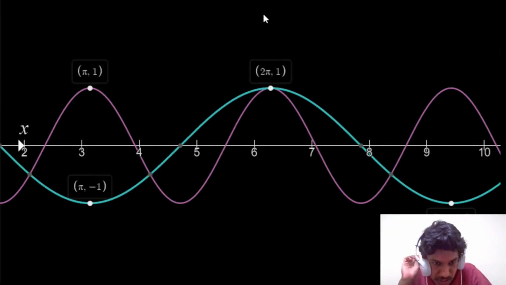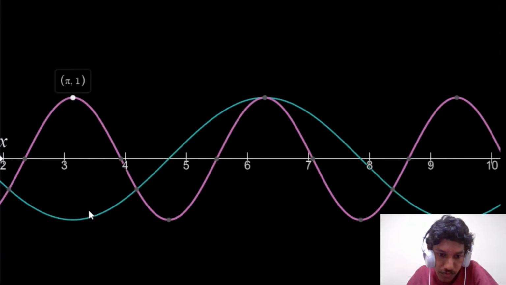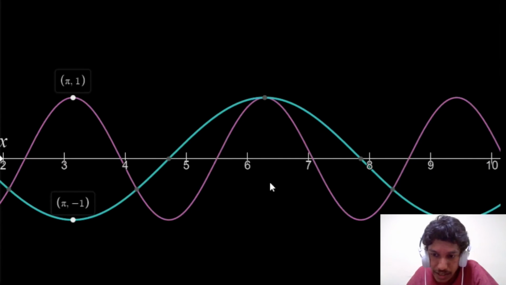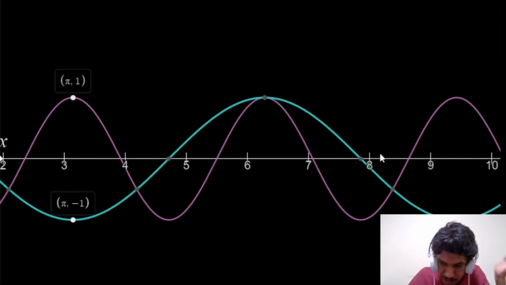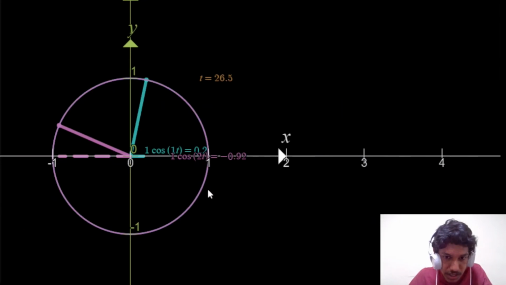You can see these points kind of clearly labeled. You've got pi, and then this blue guy goes up and then down, and then he repeats himself starting right here. So this is pi all the way to 3 pi. So now you've got 2 pi, exactly what we were saying earlier.